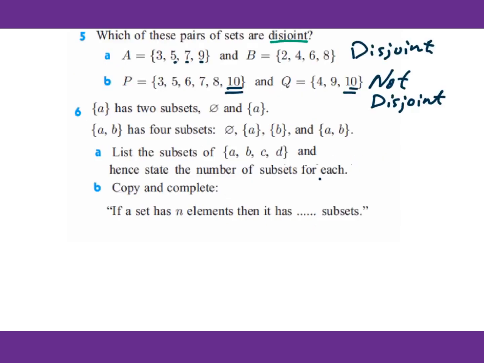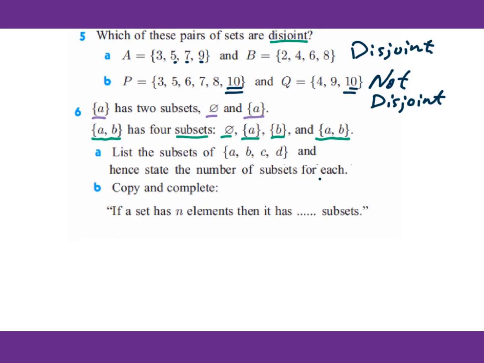For 6, set A has two subsets, empty set and itself. And then this set AB has 4 subsets: empty set, this set A, this set B, and also the set AB.